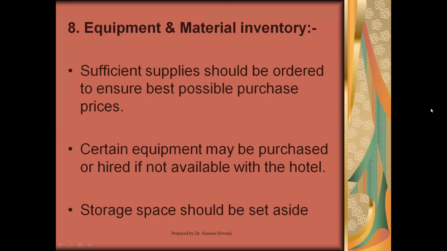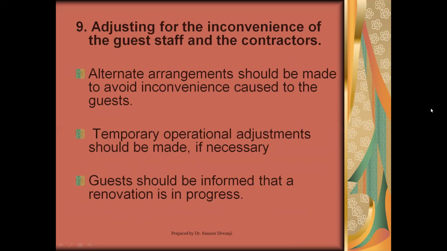Certain equipment may be hired instead of buying if you are not using it later. Again, when you procure stuff, you also have to look at the space for storage. So storage of material and equipment is as important as buying it. You have to make a provision for that as well.